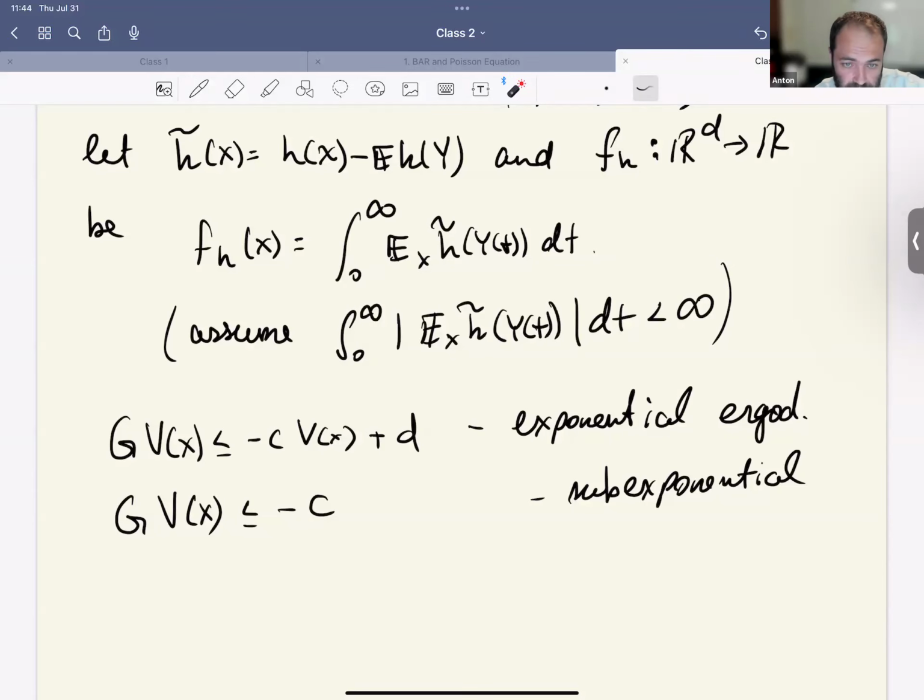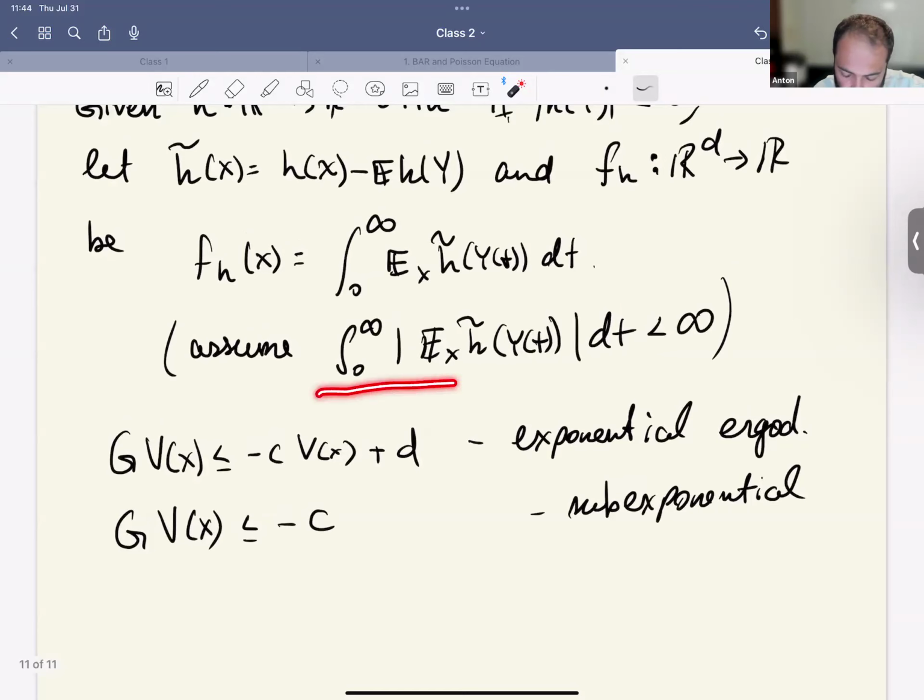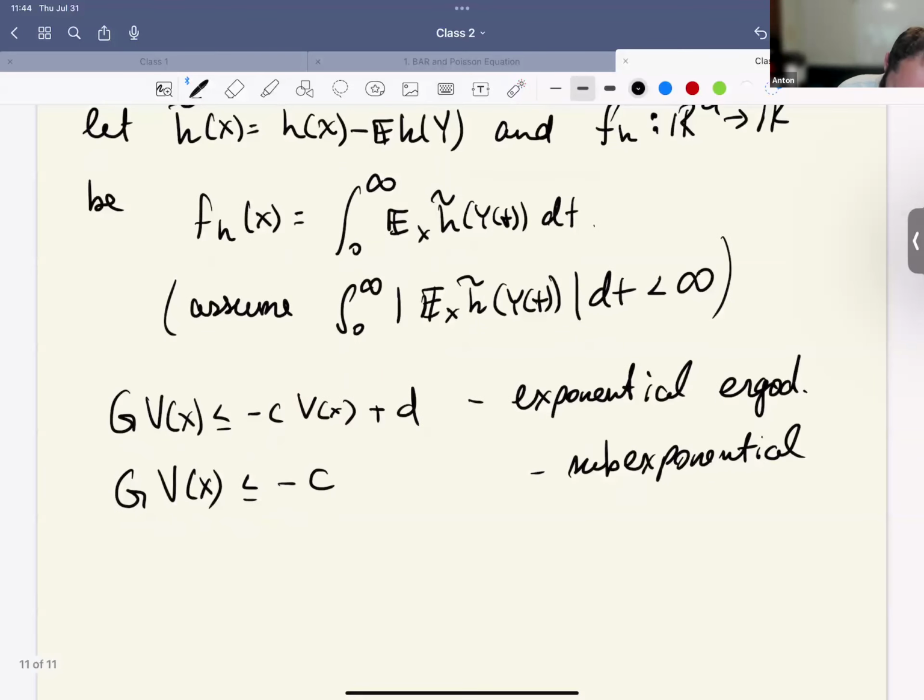It could be polynomially fast. But if you want to show that this integral is finite, it's actually enough to show that the convergence is at least polynomially fast, perhaps inversely proportional to t cubed or something. And the typical setup is we have some function psi of v.